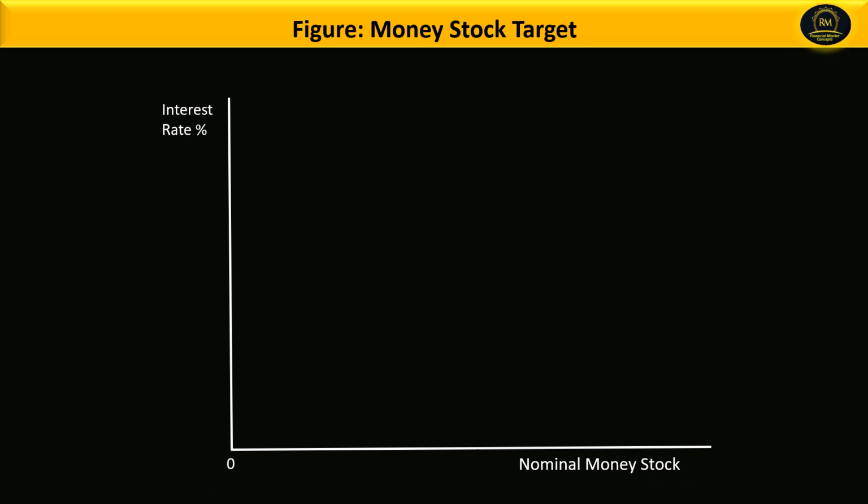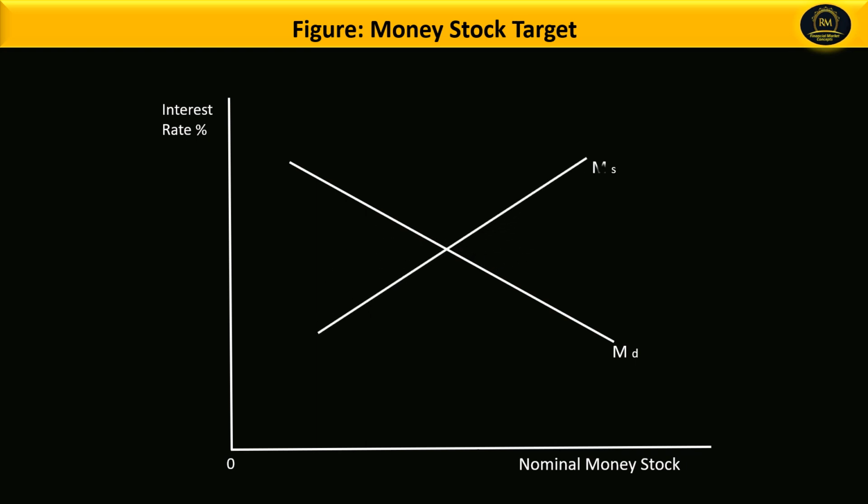Starting with, we have the demand for money curve and the supply of money curve, which gives the equilibrium at point A. At point A, we have a target level of money supply, that is MT, at the interest rate of I star. So this is the initial level of interest rate at a targeted level of money stock.